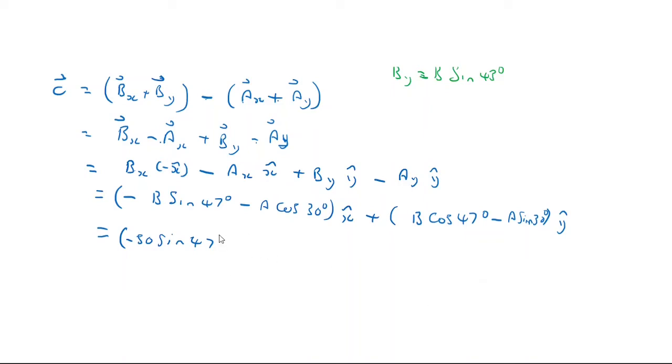Okay, so this is supposed to be 47 degrees, minus a is 60, cos of 30 degrees. Everything there will be in the x. And then this is plus 50 cos of 47 degrees, minus 60 sine of 30 degrees, and everything is going to be in the y. Then you take the calculator and just group them.